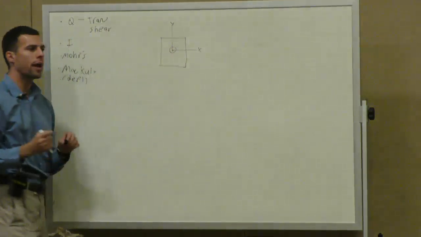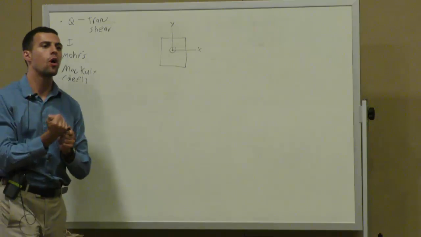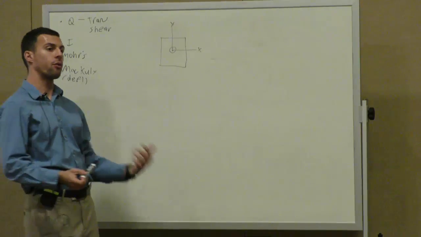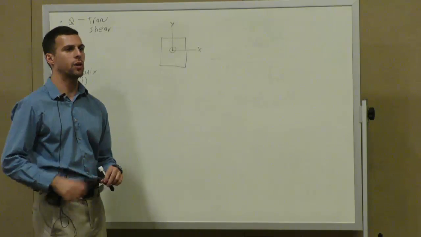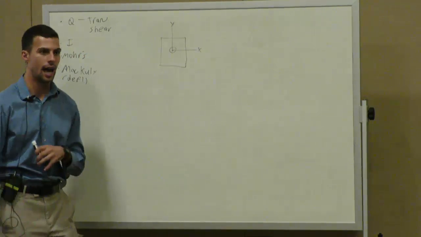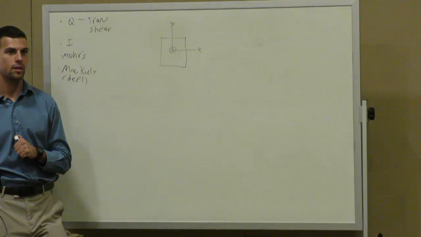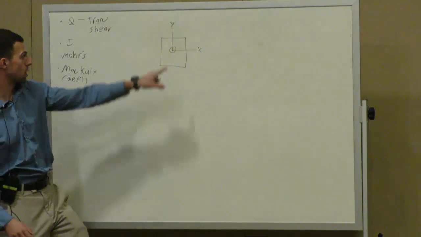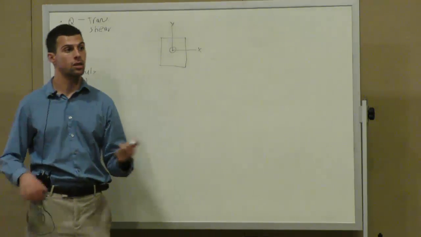So how can we apply different loads to these coordinate systems? Let's talk about forces first of all. What are all the different ways we could apply forces to this guy? Right. Forces along x, forces along y, forces along z.